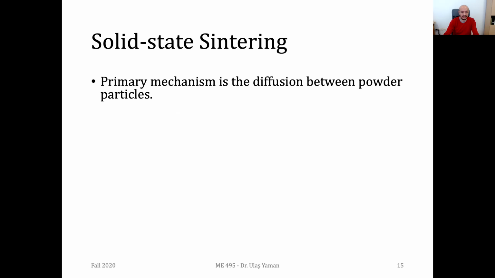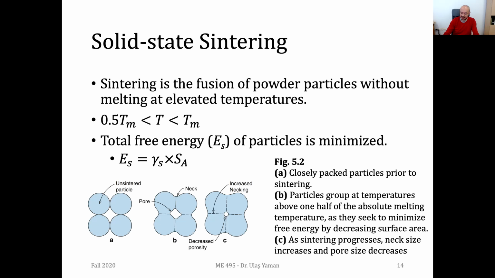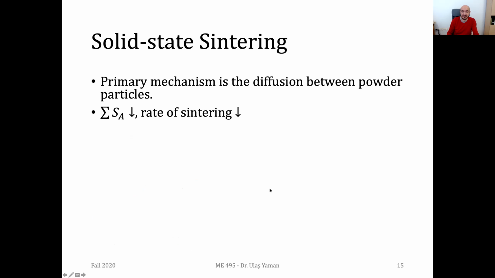So if you look at the previous case, we don't have the same sintering rate between this point and the other point, since the surface area is already reduced while we are going to the second state. So you have a high sintering rate between A and B, but a bit low sintering rate between B and C, since the total surface area is decreased.